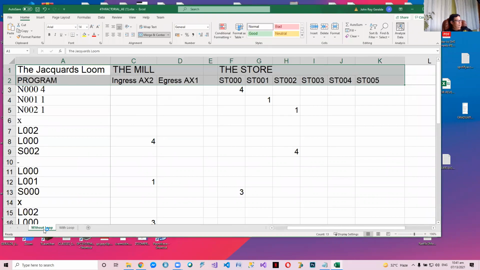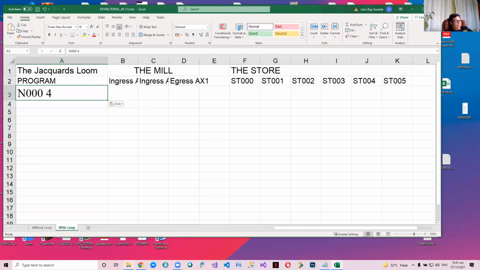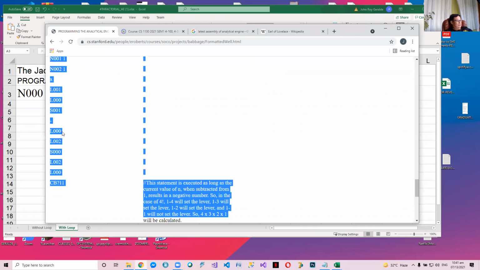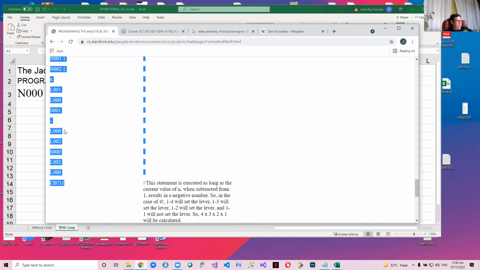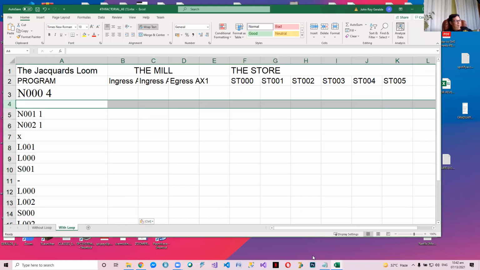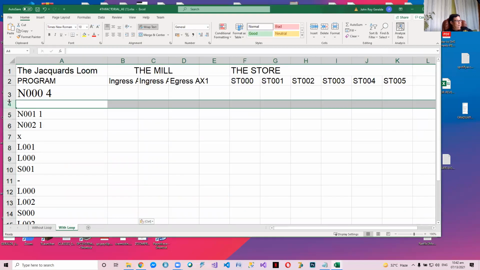Tama ba tayo? Yeah, it's correct. Can we copy this at once? Let's try to find out. Okay, need mag-copy na. Love to copy this. Luckily, it was copied. Tama ba ang pagka-copy? Yeah, that's correct.